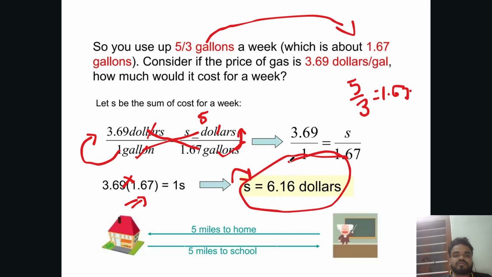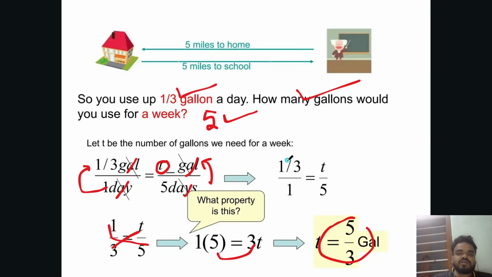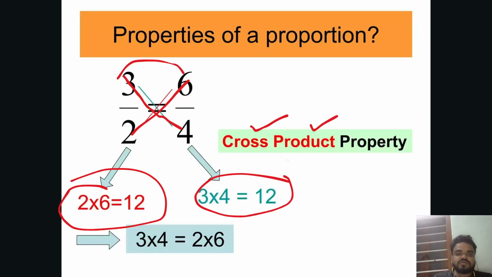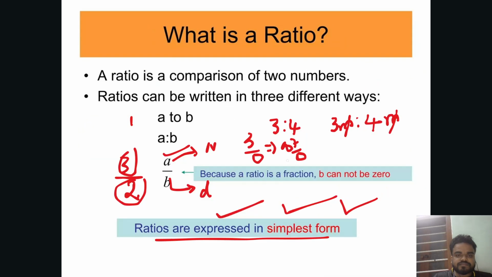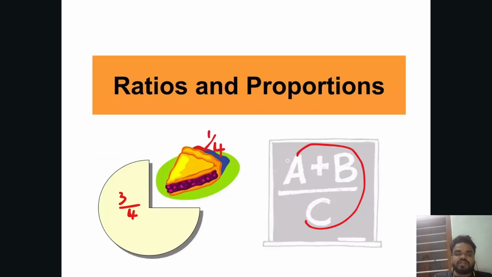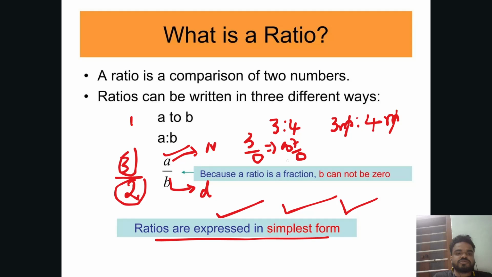What topics did we learn today? Today we learned so many things. Let's revise. We learned ratios and proportions. What is the meaning of ratios? What are the three ways to express ratios?